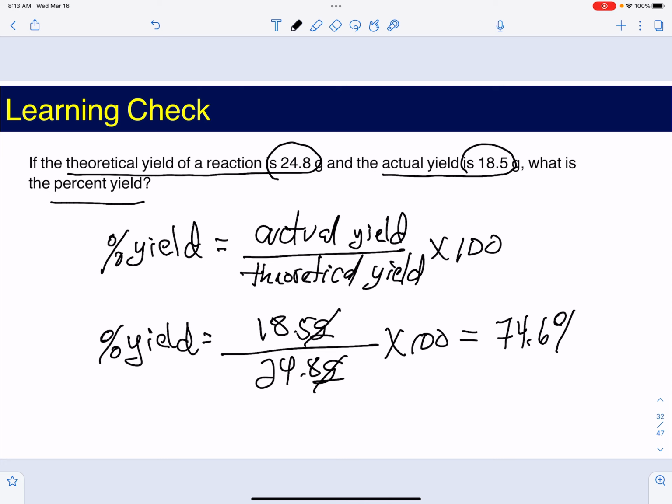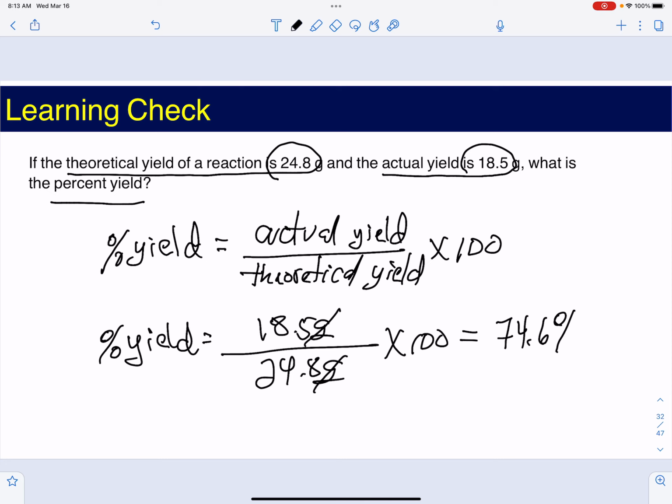You were supposed to make 10 cookies, but your final product was only 8. So you have 8, which is the actual, divided by how much you were supposed to make, which is 10. So you have about 80% yield on the cookie adventure you took.